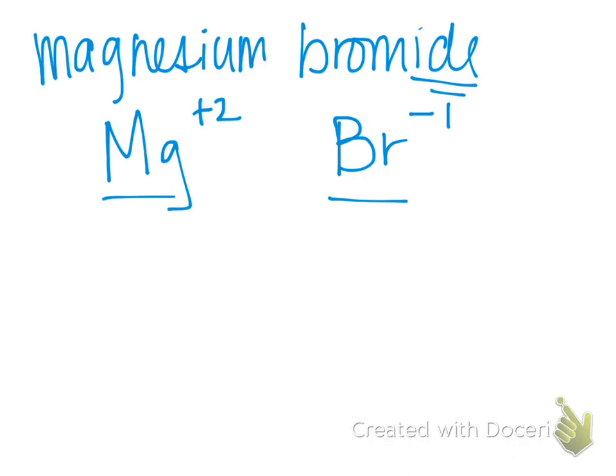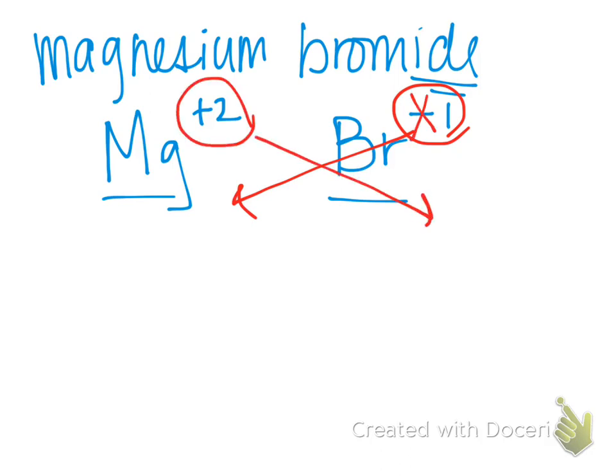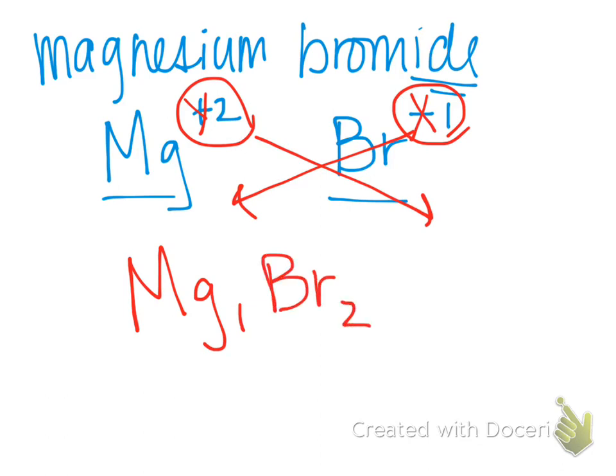Yeah? Okay. So our next step is going to be to do a cross method. We're going to take the charges, drop the positives or the negatives, and take the numbers down. So our formula ends up looking like this. Mg1Br2.